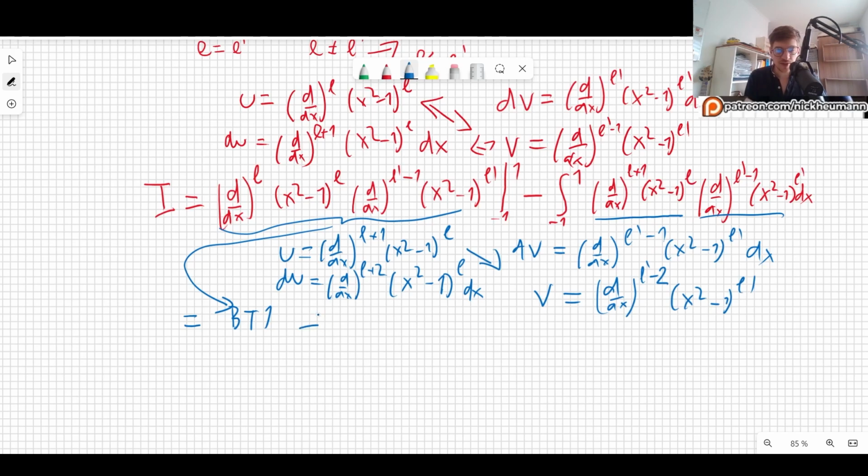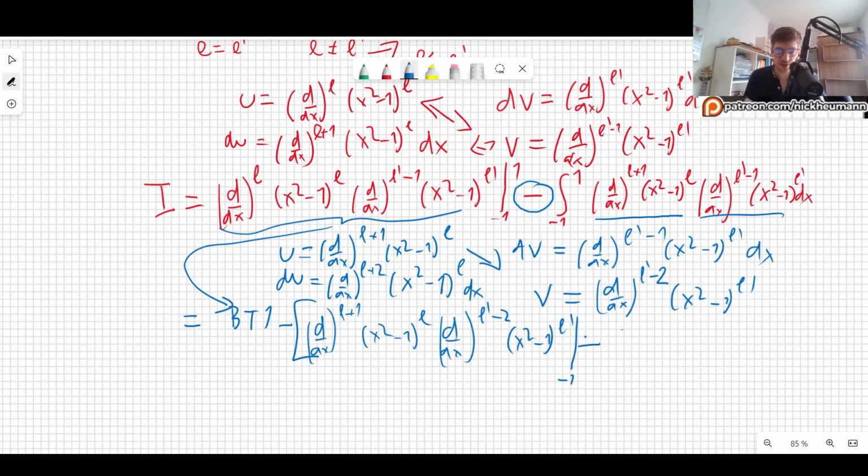Now let's do the cross multiplication here. So we get the first boundary term, and then we have another one. Keep in mind we have a minus sign here, so actually we have minus in front, and then we have this thing. So it's actually going to be a minus there. And then we have L plus 1 derivatives of (x squared minus 1) to the L times L prime minus 2 derivatives of (x squared minus 1) to the L prime, and this is of course evaluated between minus 1 and 1.